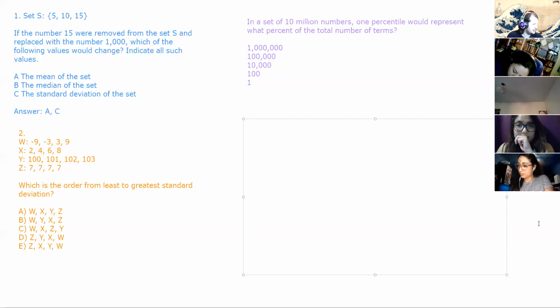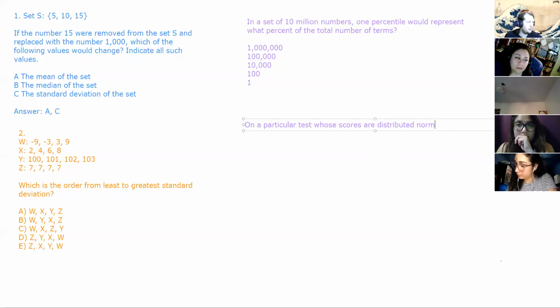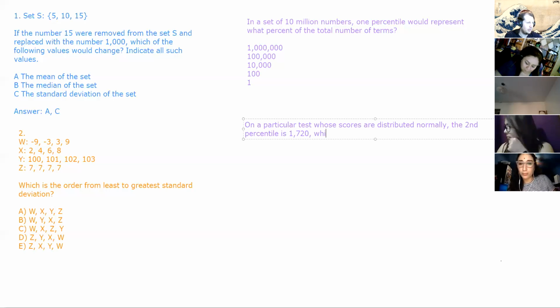On a particular test whose scores are distributed normally, the second percentile is 1,720, while the 84th percentile is 1,990.